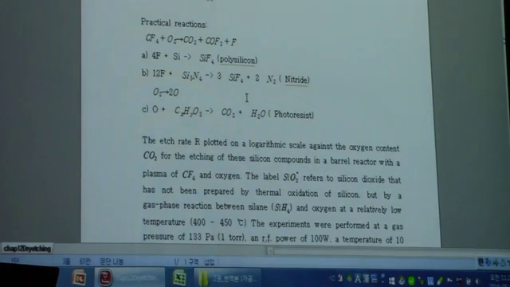Practical reactions, let's see. We are going to have fluorine gas, and then we add oxygen here, and then you can see we are going to have fragmented F atoms, which are going to be used as an etchant.